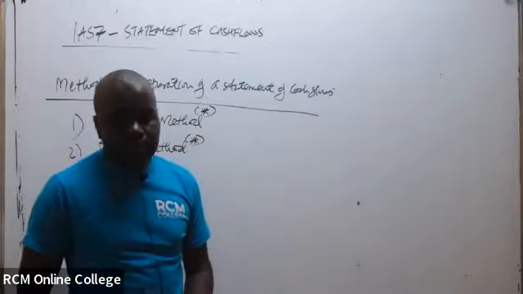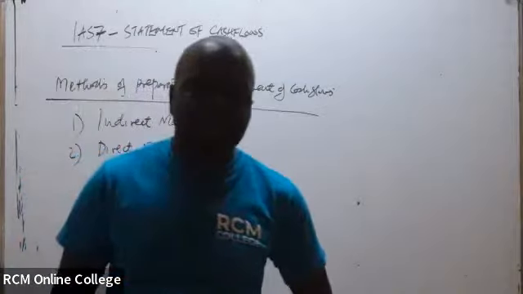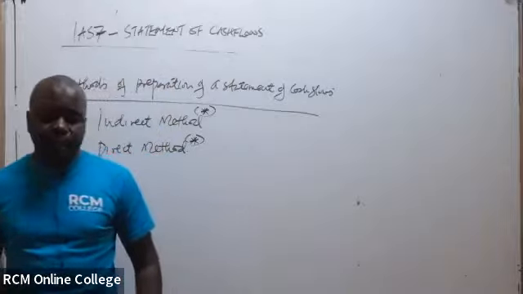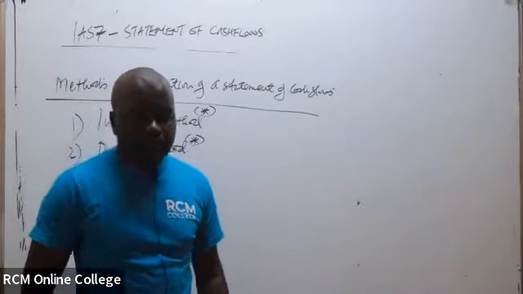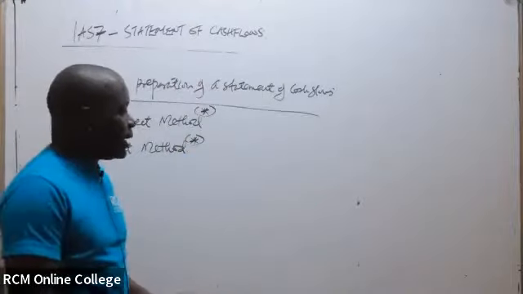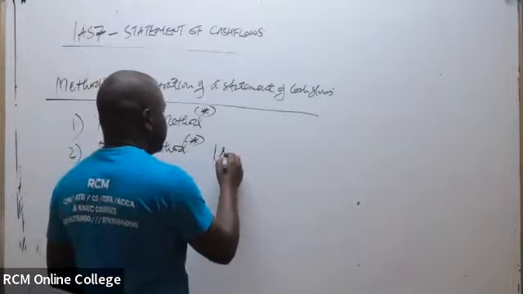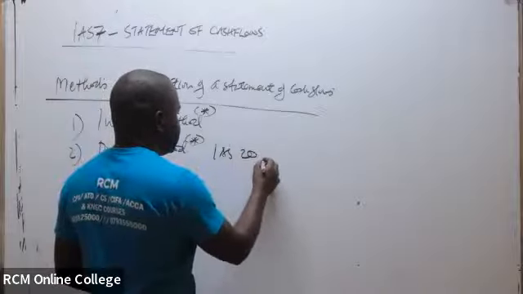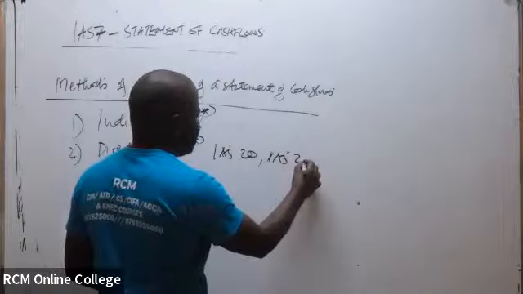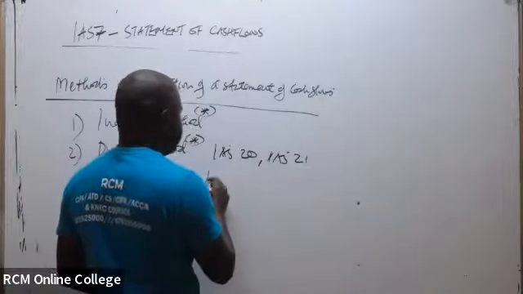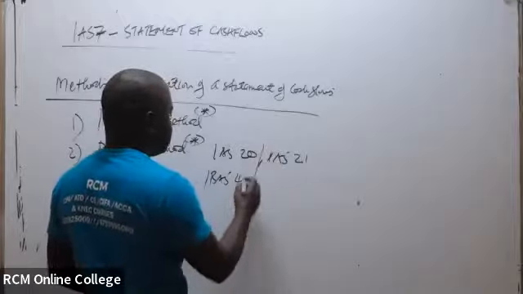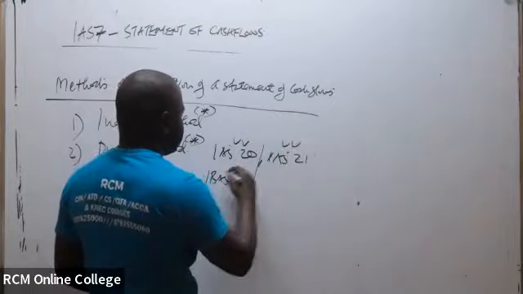So take note also, we did a class during lunch hour on Wednesday, and I shared the notes. We looked at IAS 20, IAS 21, and IAS 4. So we looked at these three standards.